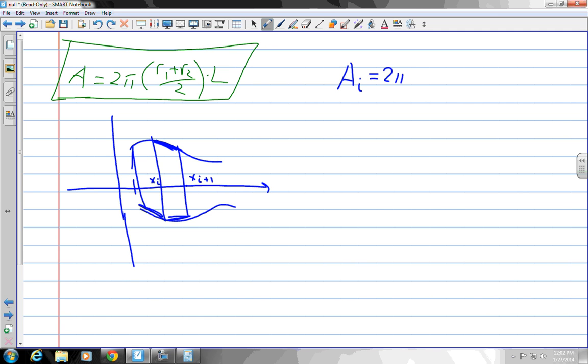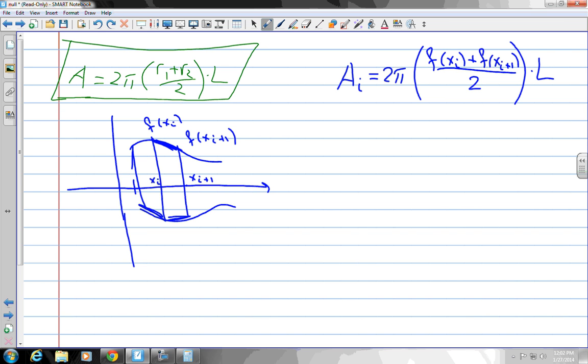will be 2 pi. Then the average of the radii. Well, what is the radius here? It's f of x sub i, and this is f of x sub i plus 1. So I need to average those two, times the length, right?